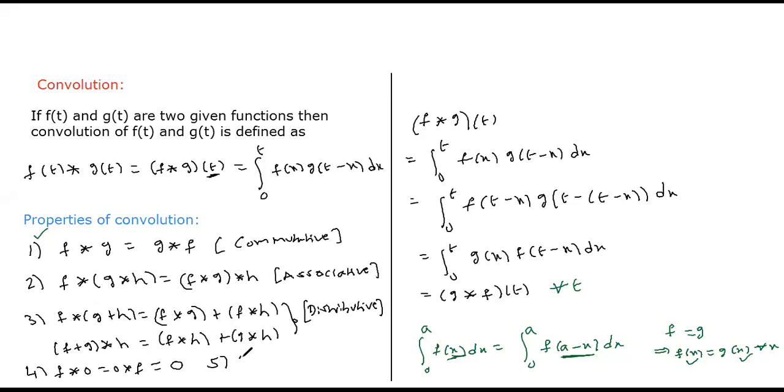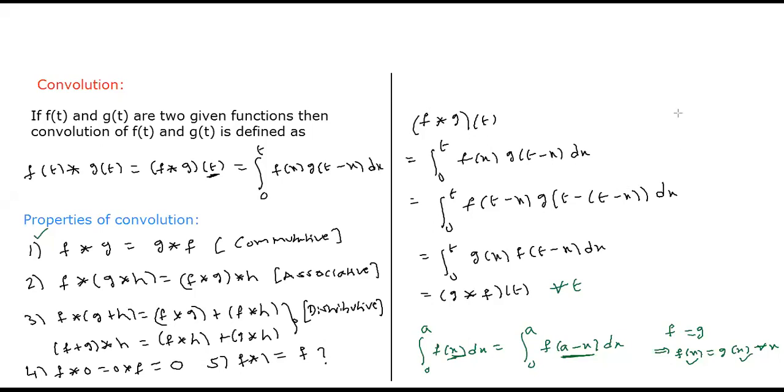But is it similar every time? We know a into 1 equals a. Similarly, can I write f convolution 1 equal to f? No, sir. Why? Because f convolution 1 means the integral from 0 to t of f of x dx.